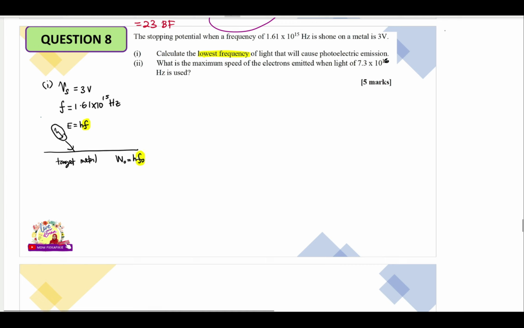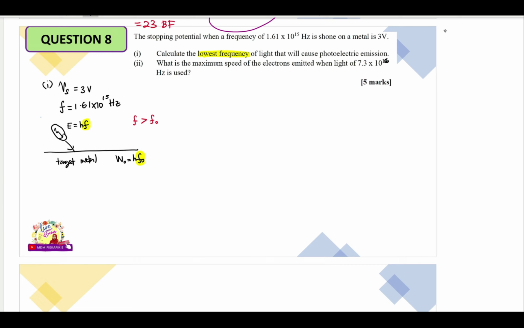Ingat okay, in order to emit electron, kita revise, in order to emit electron, the value of frequency of the photon ataupun incident light mesti lagi besar daripada threshold frequency. Okay, kalau dia lagi kecil, tak ada pun elektron yang akan emit mahupun tak ada elektron yang akan ejected from the target metal.